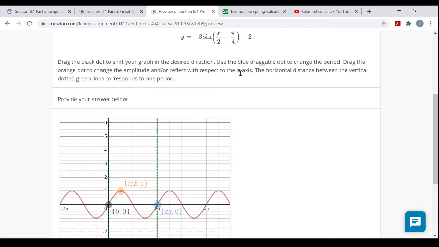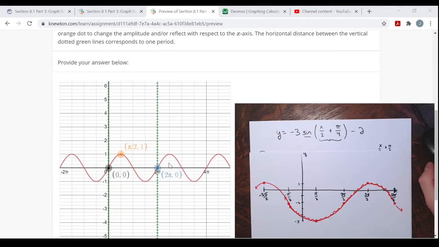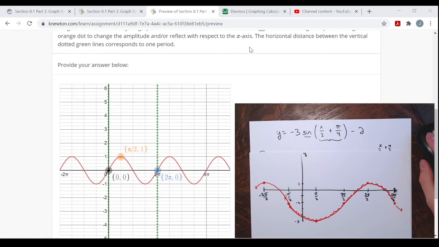All right. Again, I'll pull up my picture there, and I'm going to try to change this thing so it looks kind of like my picture. All right, at least draw that first cycle. Now notice the green dots, right? The horizontal distance between the vertical dotted green lines corresponds to one period, right? One cycle.